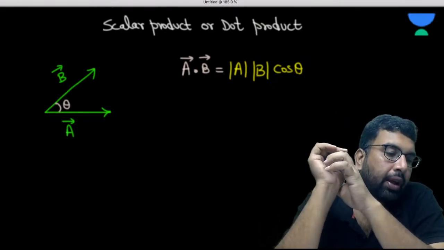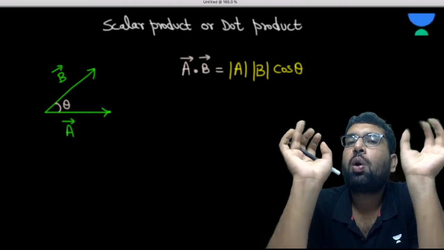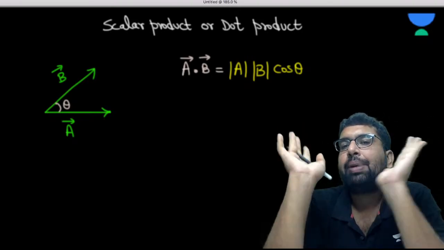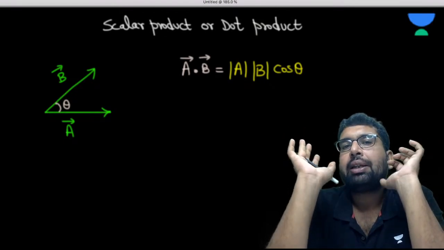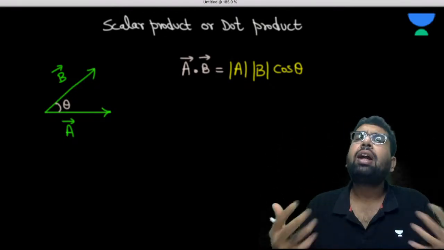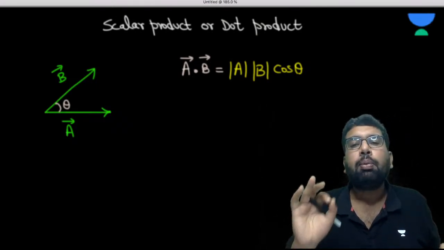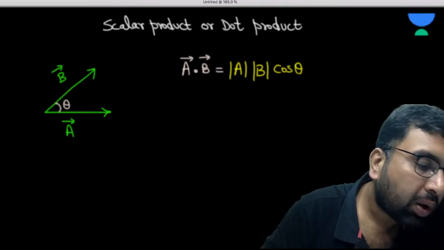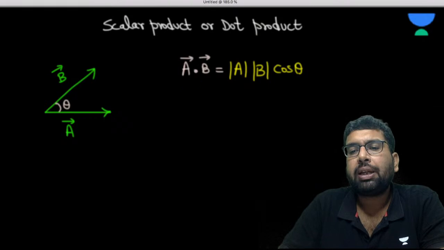This is the formula, A B cos theta. I'll try to explain this with the help of an example, with a physical quantity. But sir, when two vectors are dot producted, where is the direction gone? Now please understand this.